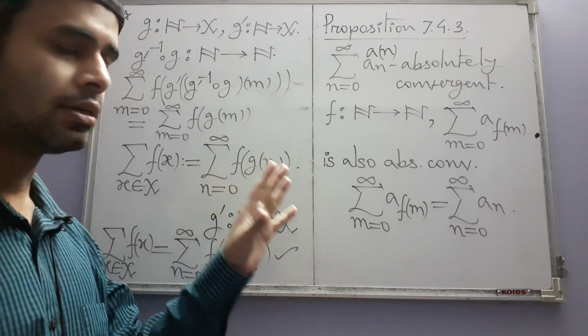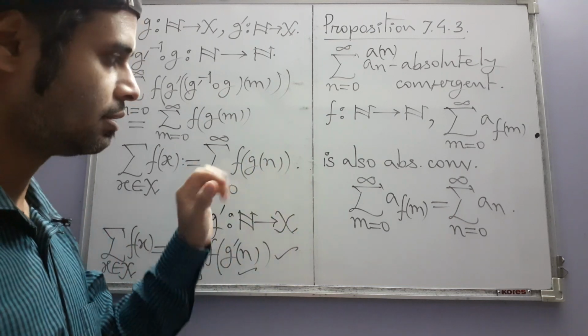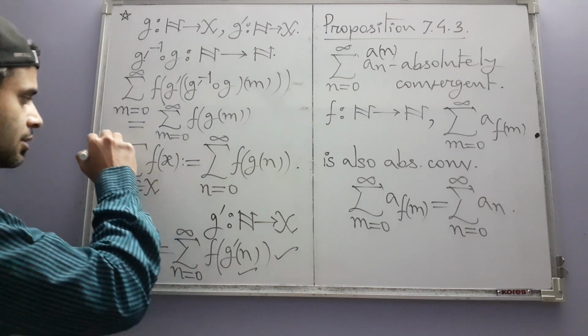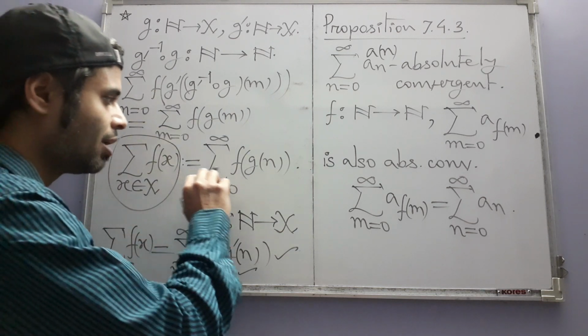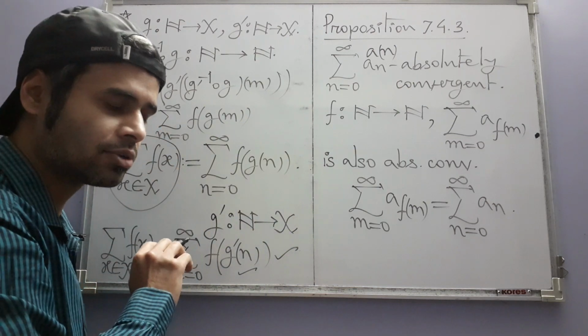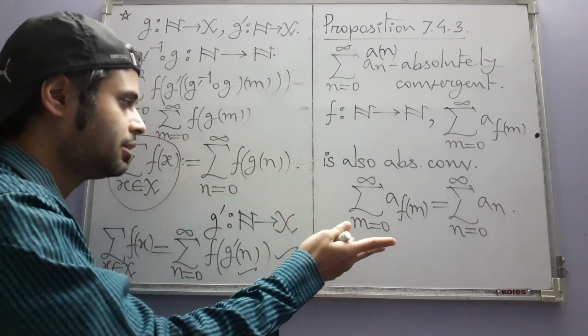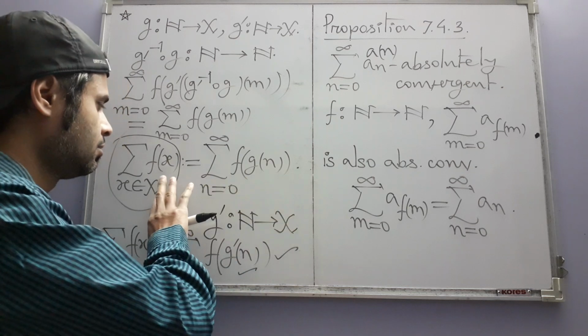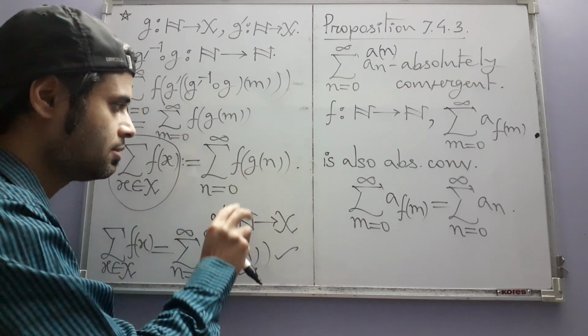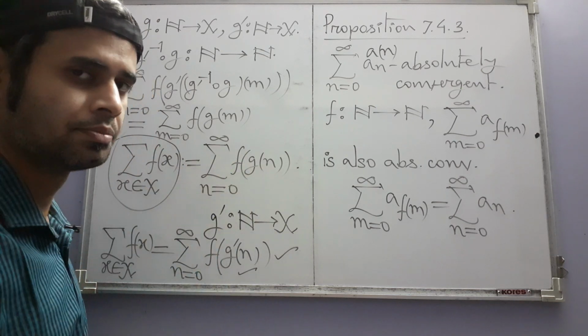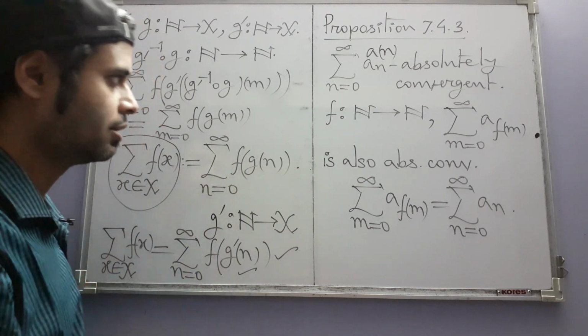So that is why the definition is well defined. Whenever your sum is absolutely convergent, in the sense that one such series is absolutely convergent having chosen any bijection, then the sum given by this equation is uniquely determined. Okay, so the definition is well defined.